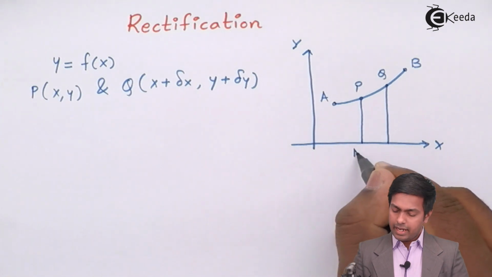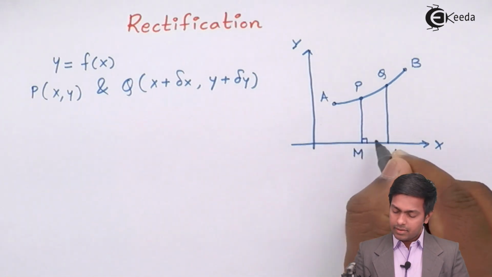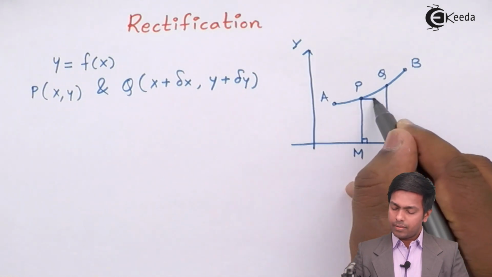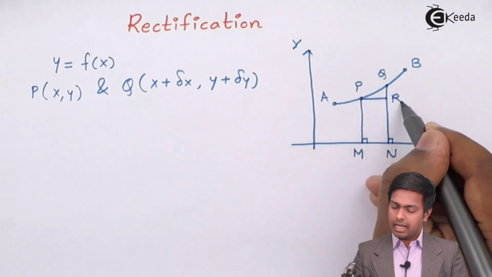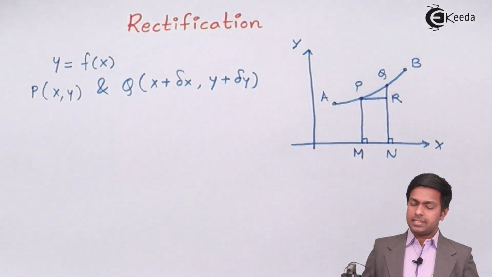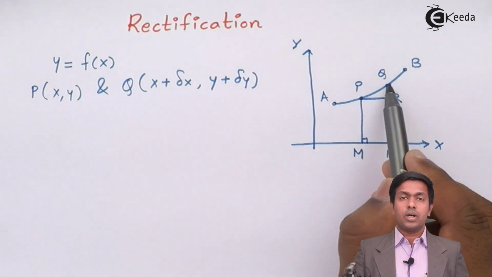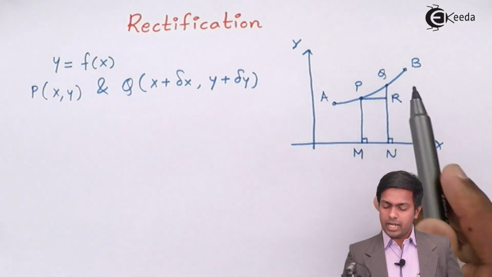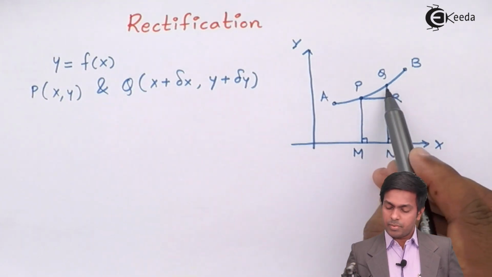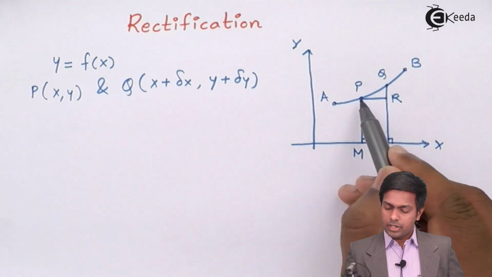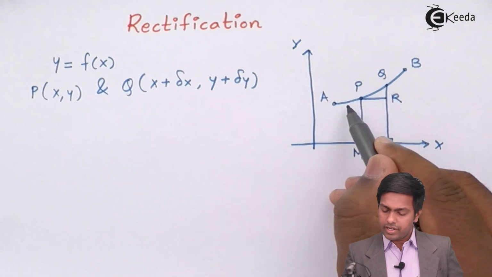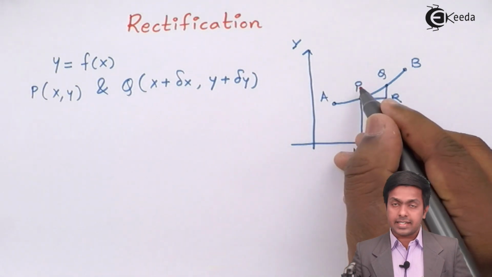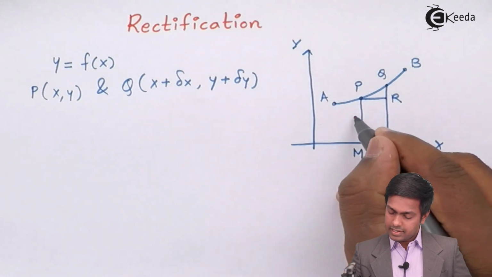Let's call it as M and N. Next I'll draw one more perpendicular here, so let's call it as R. Now since we have written the coordinates of Q as x plus del x and y plus del y, so we know that this whole distance will be y plus del y. Now the coordinates of P are x and y, so this distance is y.